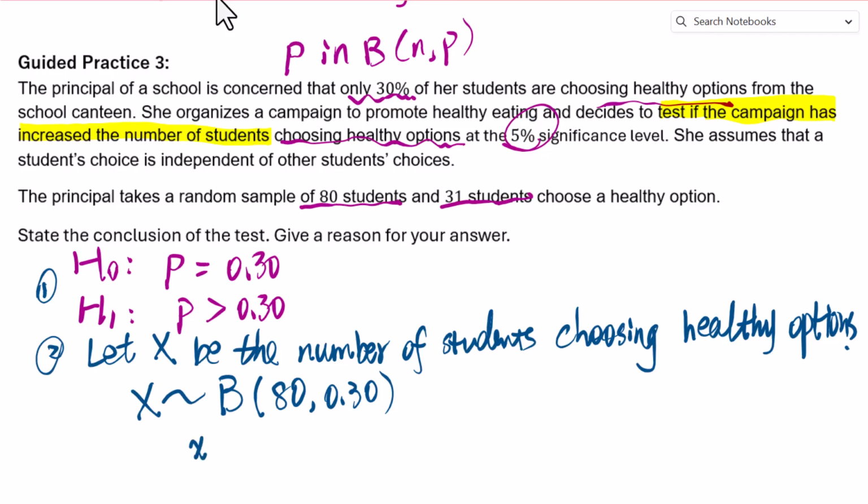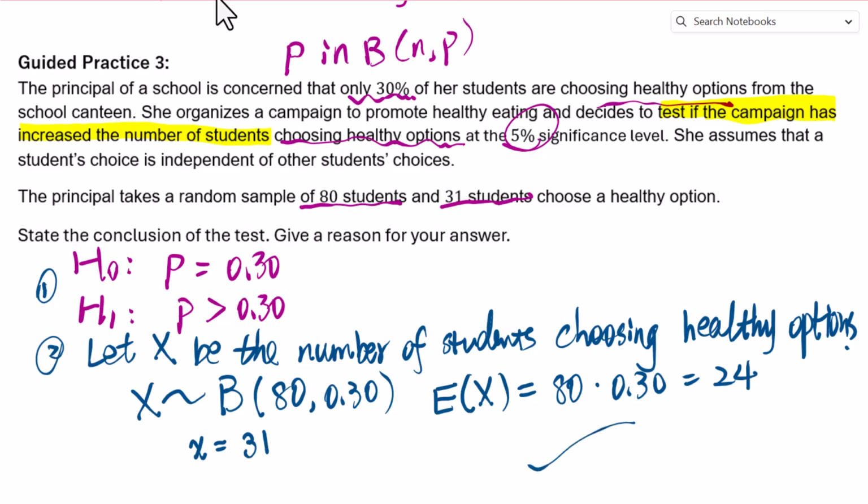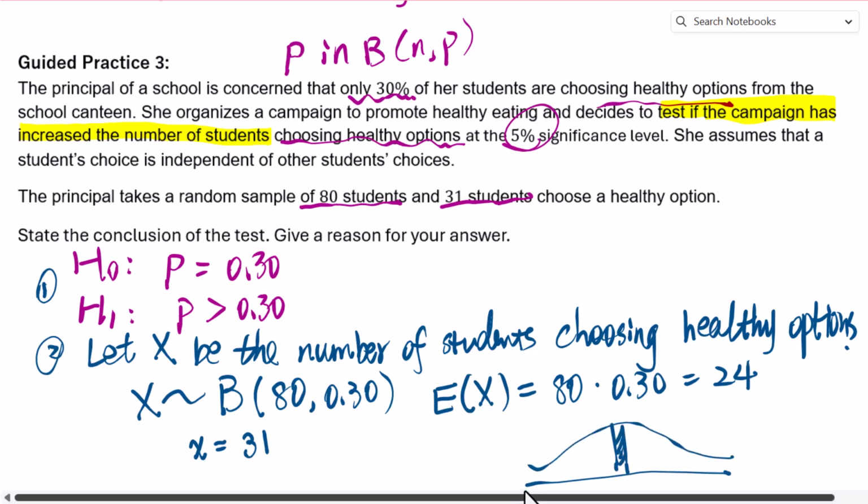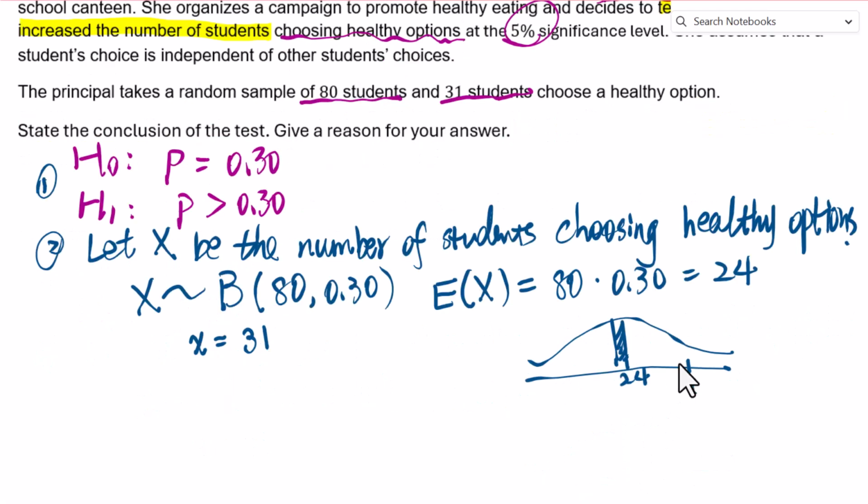X statistic equals observed frequency 31. E of X equals 80 times 0.30 equals 24. Let's sketch the diagram. This is the mean, 24. This is X equals 31.